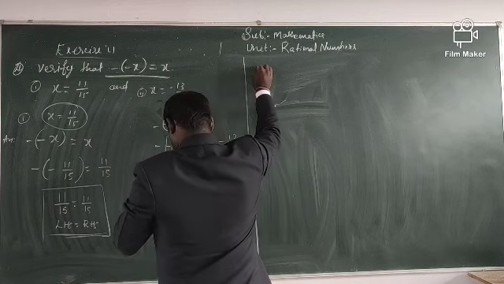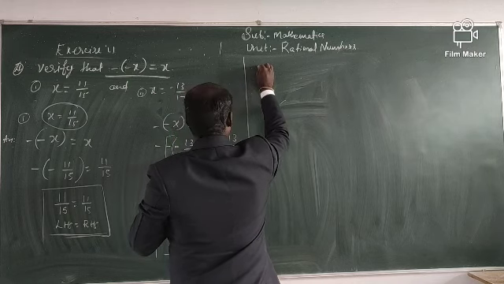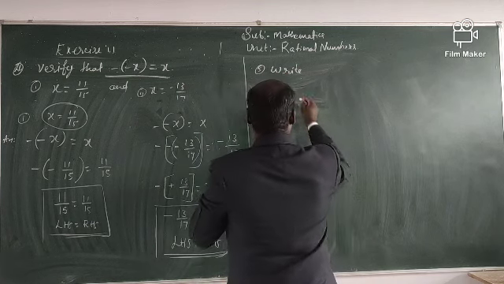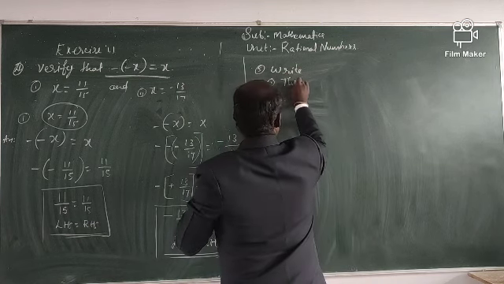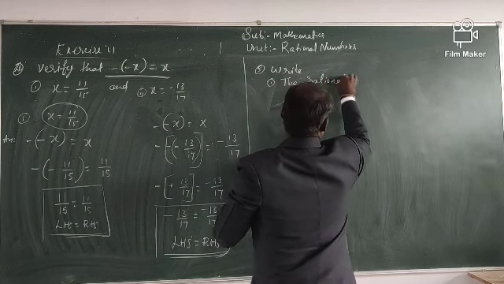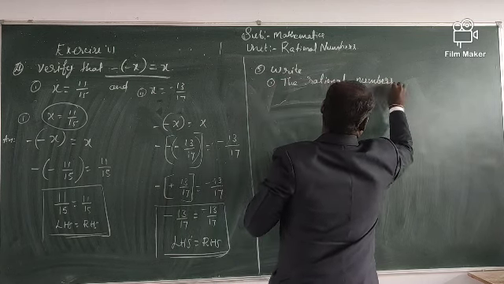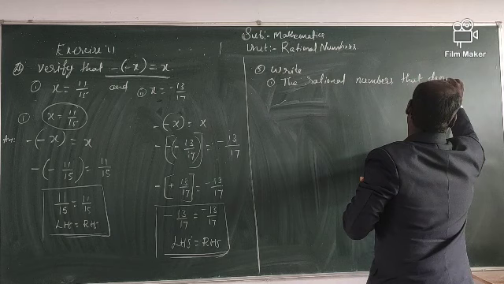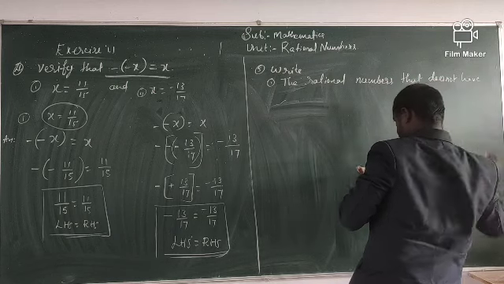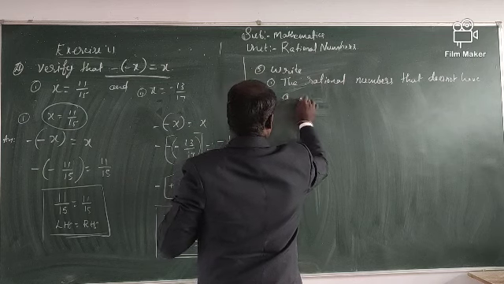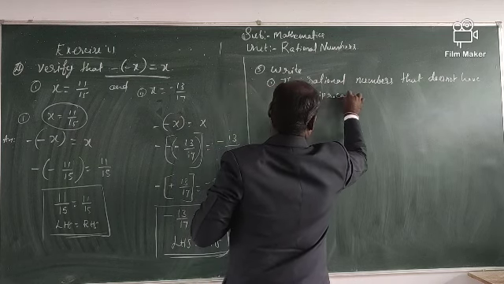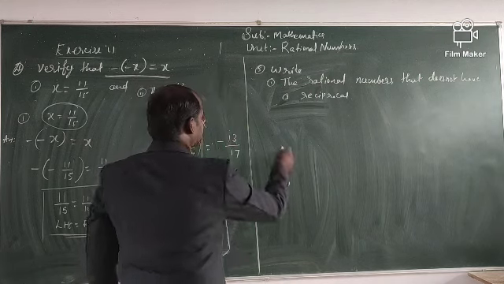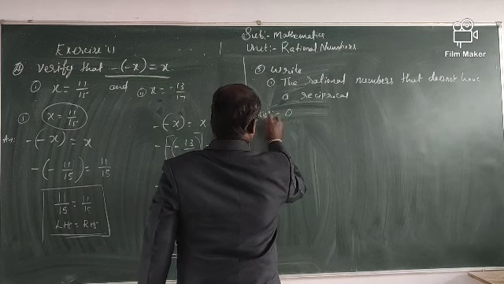First one: the rational number that doesn't have a reciprocal. Which rational number has no reciprocal? Yes, 0. The answer is 0.